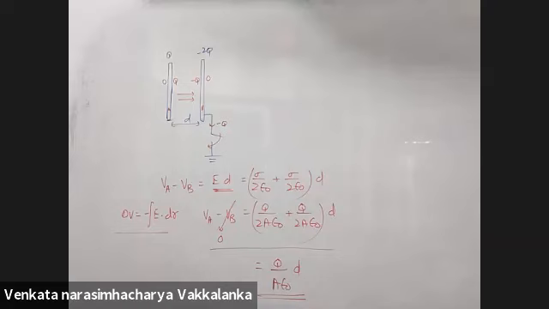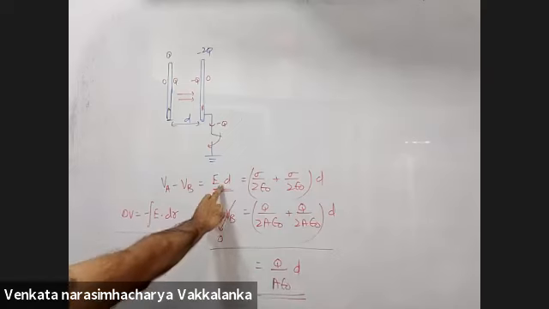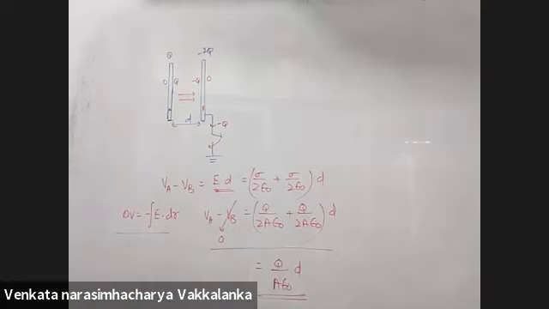Sir, can you just tell VA minus VB? Delta V is minus integral E dot dr. Field into distance. I can write it as ED only if the field is uniform. Right, sir. Understood. Uniform field because they are infinite large plates.